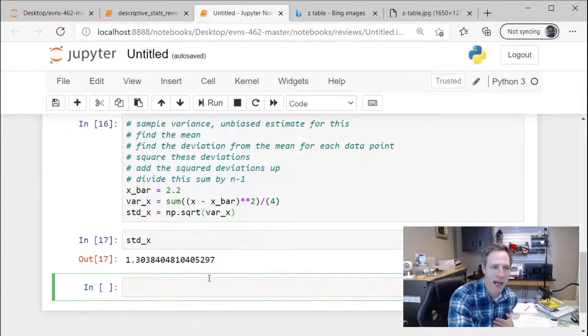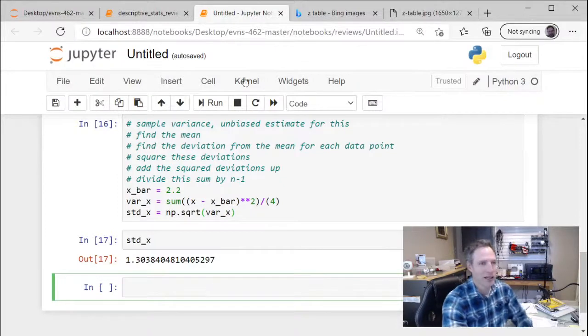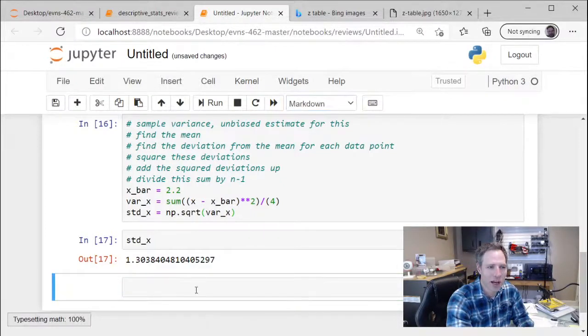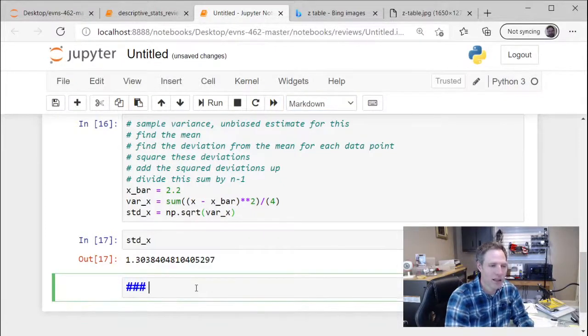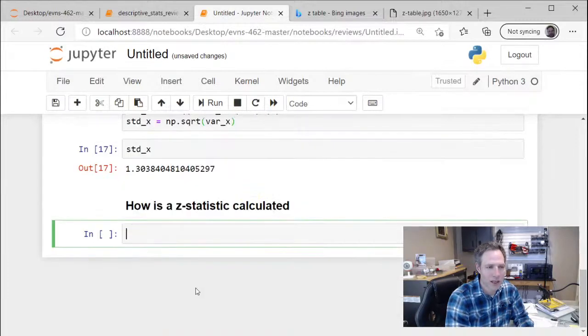Okay, so let's go over here to a blank screen, and let's summarize how a z statistic is calculated. The first thing to do is let's talk about what you need in order to calculate this.